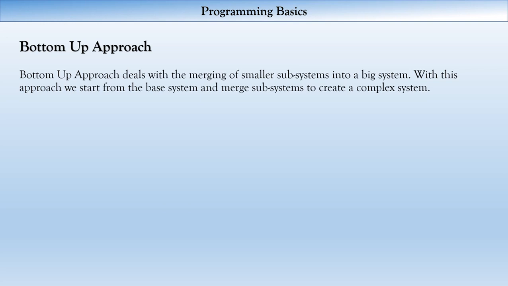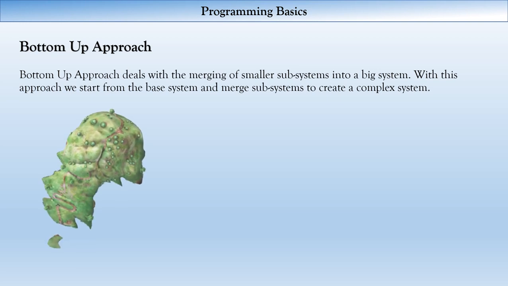Now, the bottom-up approach deals with the merging of smaller subsystems into a big system. With this approach, we start from the base system and merge subsystems to create a complex system. Let's understand it with the same example that we have taken in the top-down approach.